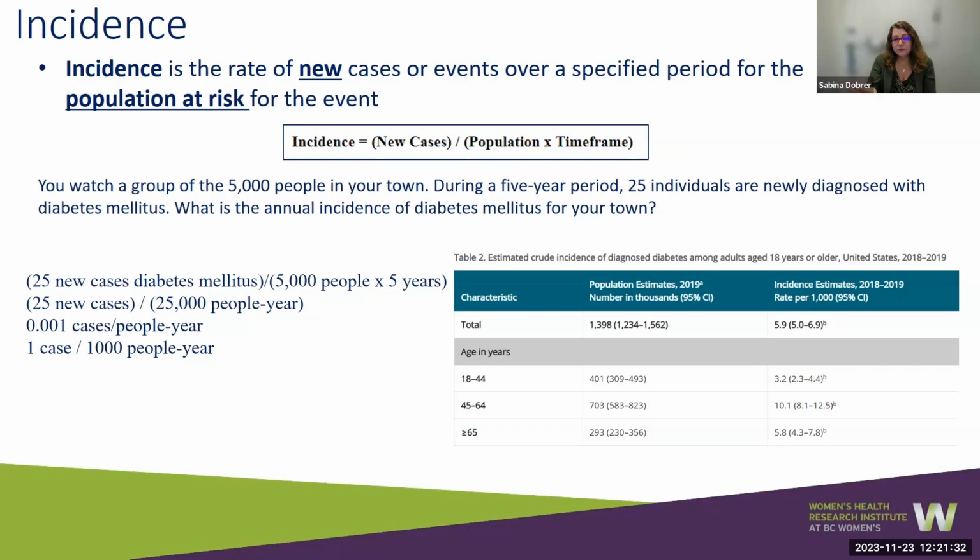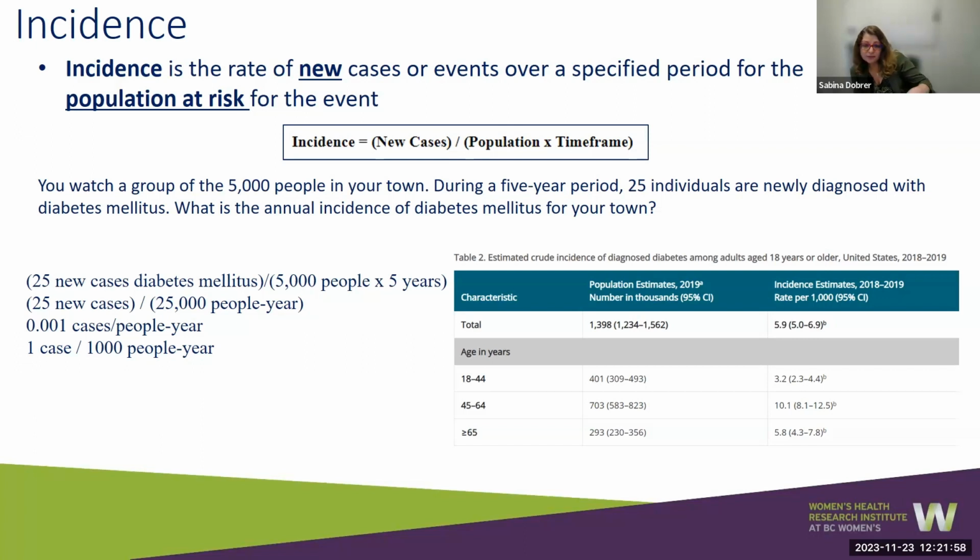There was some difference in the notes of how they calculated it, but I'm going to look at the first column, population estimates for 2019, number is in 1,000. So during this year, there were 1,395 people that developed the condition.